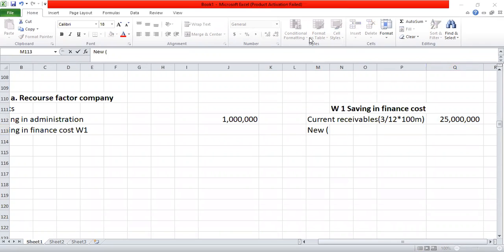If the question is in 3 months, then you can put in 3 months. If it is days, then you use days. Our new receivable, if a factor company is employed, will be 1 month, 1 over 12 times 100.